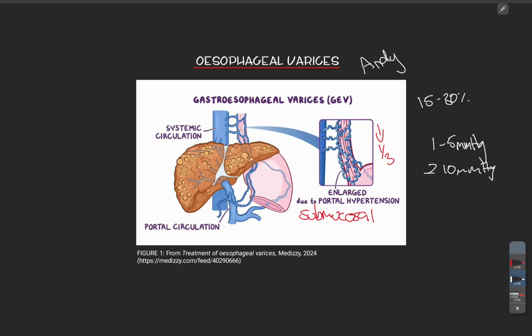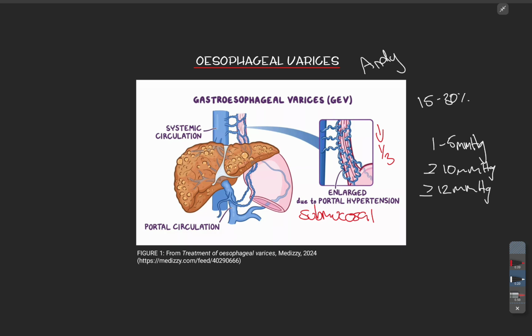As the pressure continues to rise, equal to or greater than 12 millimeters of mercury, the chance of rupture increases substantially.